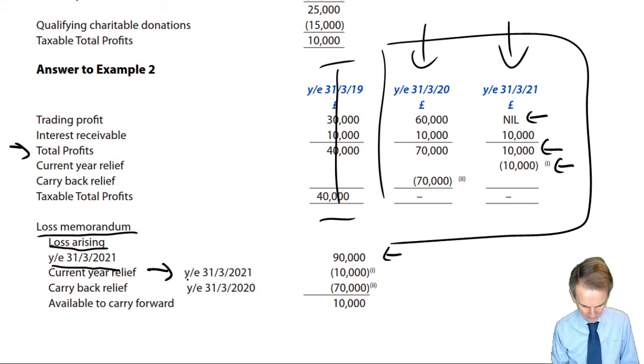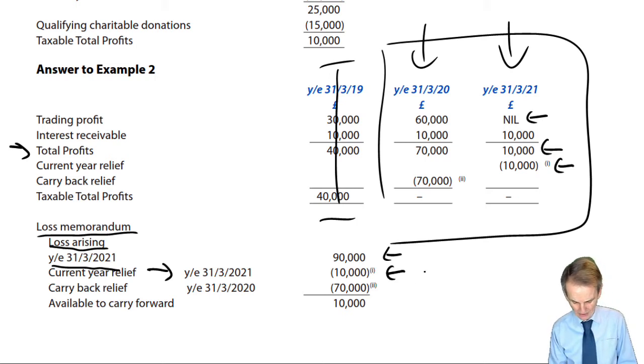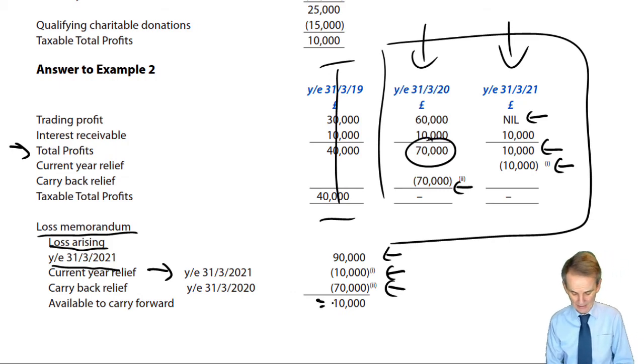How do we relieve it? Current year, current period relief, that's the year ended March 21. There's your first use, 10,000. That leaves 80,000, the 70,000 total profits. There is your second use, 70,000, leaving you with, therefore, 10,000 to carry forward.